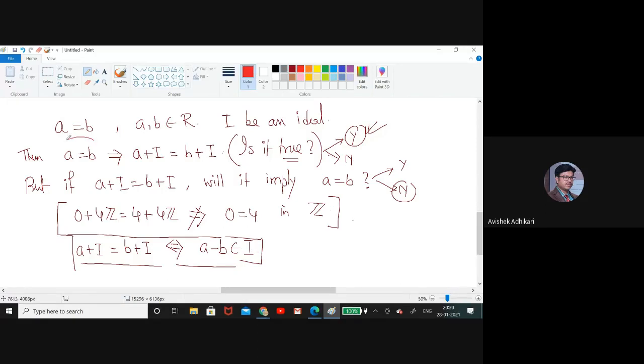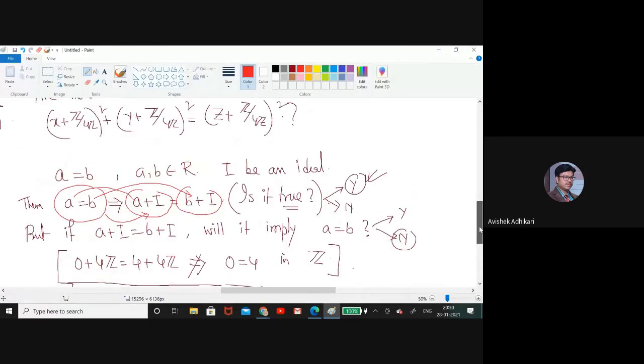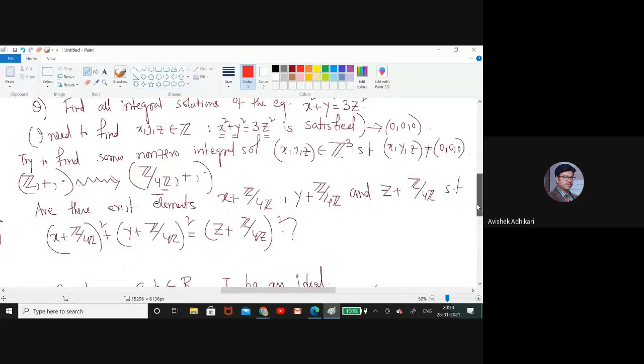So if this happens, then the same relation may be translated in the quotient ring. The same relation holds for the corresponding elements.